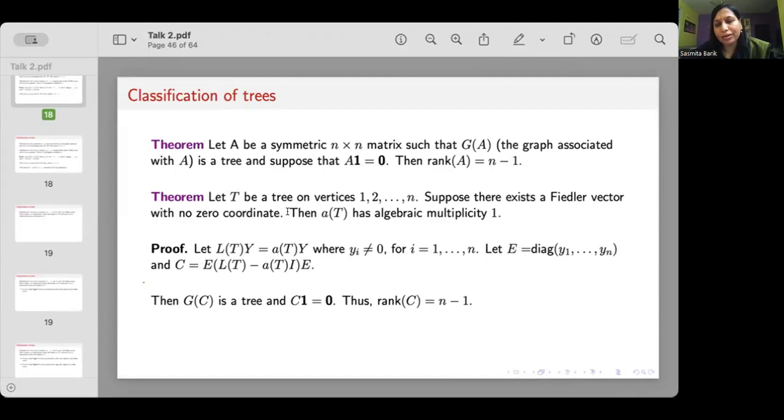So only one Fiedler vector is there, and that will decide which is the characteristic edge. In the other case, where characteristic vertices are there, more Fiedler vectors are there. What we proved is, even if there are more vectors, the characteristic vertex will be unique. That will not change. Like for the star case, the central vertex will be the characteristic vertex corresponding to every Fiedler vector. Even though you can get n-2 Fiedler vectors, for every one the characteristic vertex will be the fixed one, and that is the central vertex.